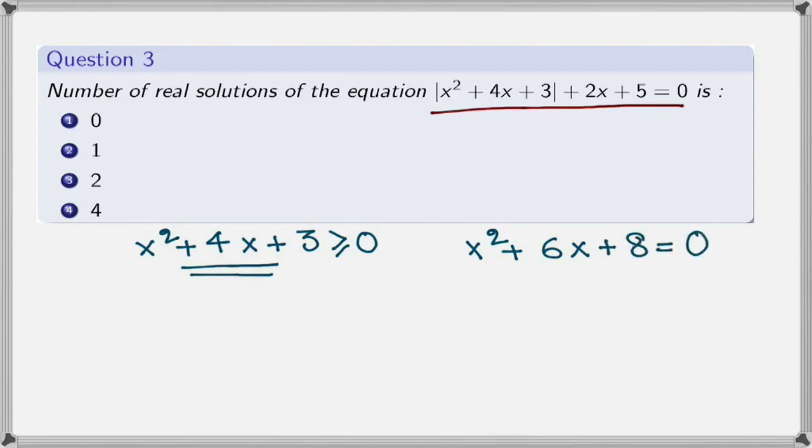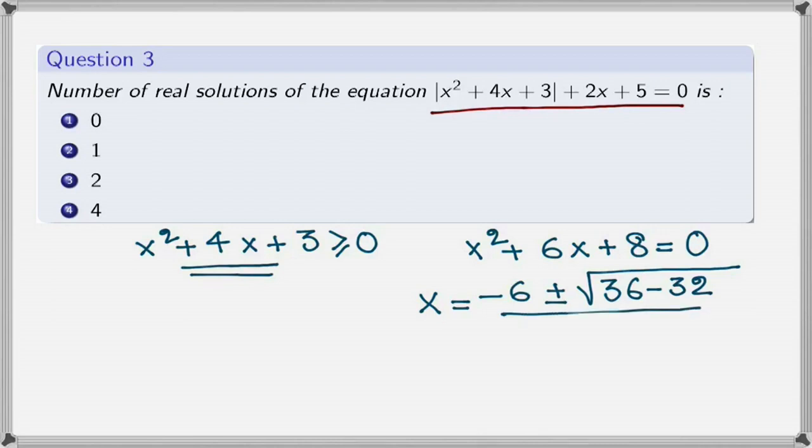Now when we solve this quadratic equation for x, we obtain that x is equal to minus 6 plus minus square root of 36 minus 32 divided by 2, which is same as minus 6 plus minus 2 divided by 2.